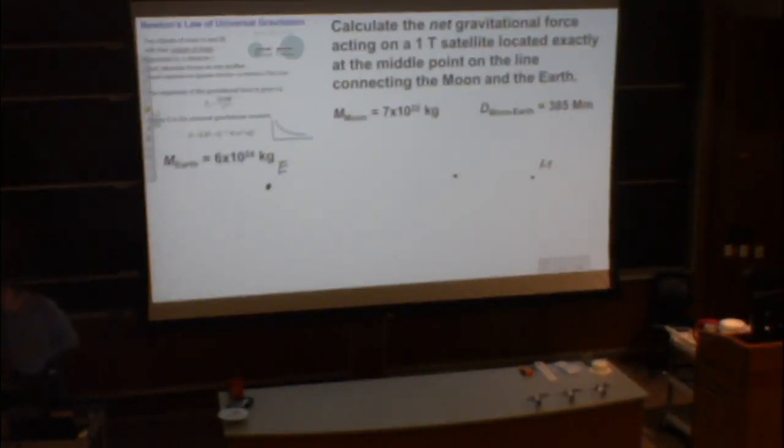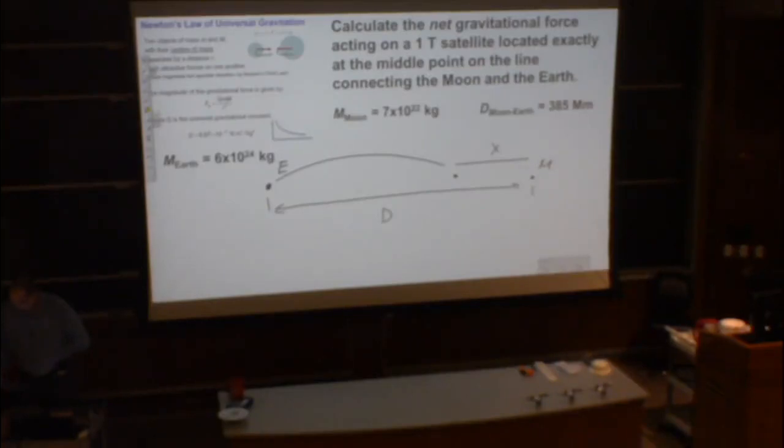Well, but if we want to describe that place, of course, we need to calculate, for example, this distance. And this is where we have to do some simple geometry.